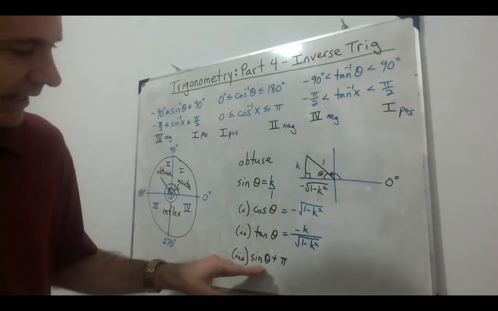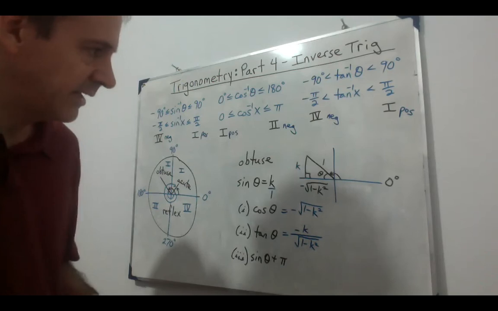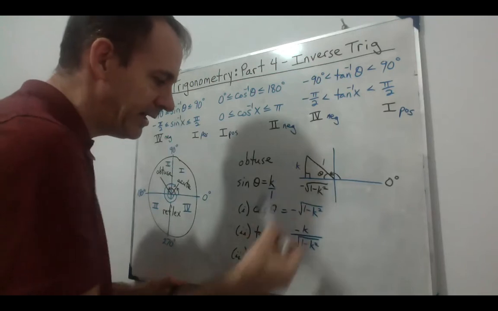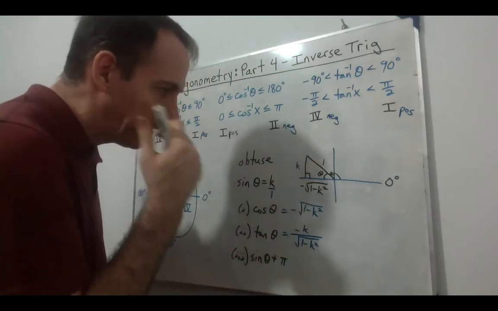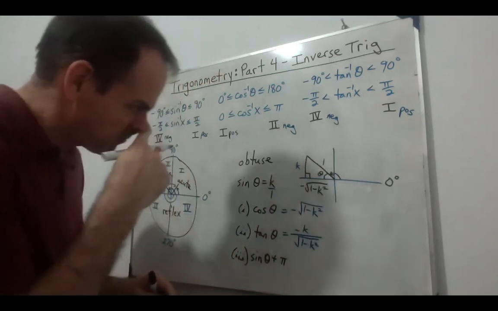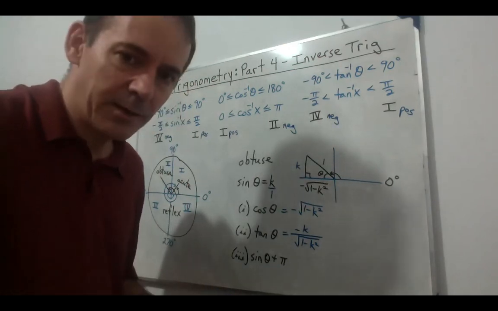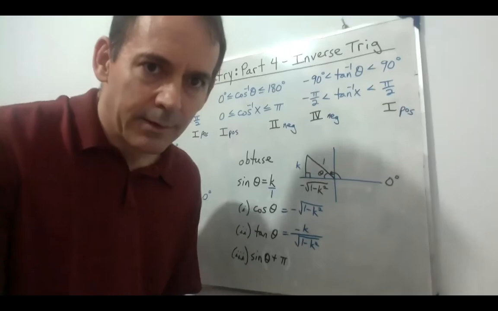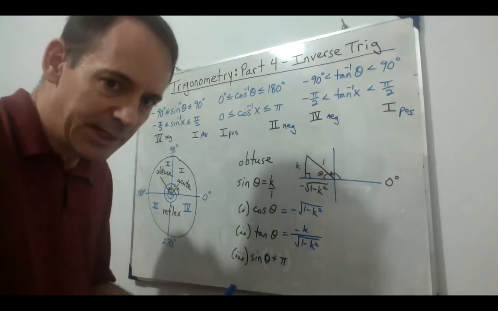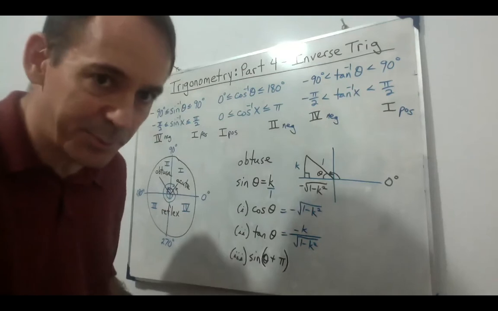Now we get to the sine of theta plus pi. Well, pi is 180 degrees. So instead of facing theta, we need to go an additional 180 degrees, meaning we want to look at this from a little different perspective, and I just realized I forgot to put the parentheses here, which is actually important.